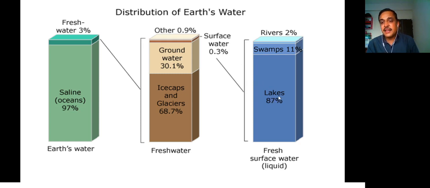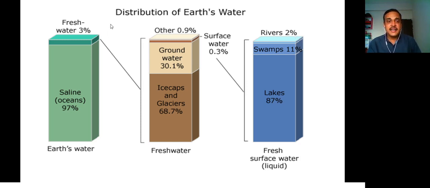0.3%, lakes have near about 87% of fresh water, meaning lakes are very significant and contribute a large portion of fresh water to the surface water bodies. Then swamps have near about 11%, and rivers have 2%, meaning the lotic water bodies.